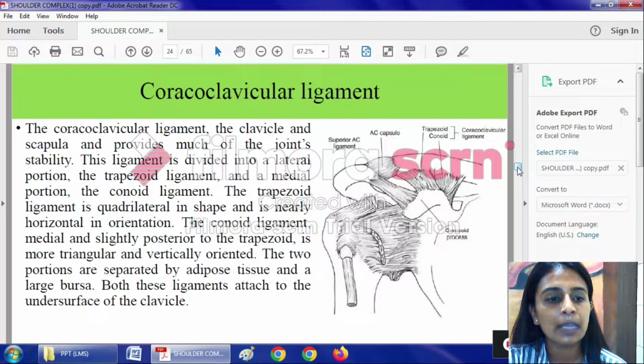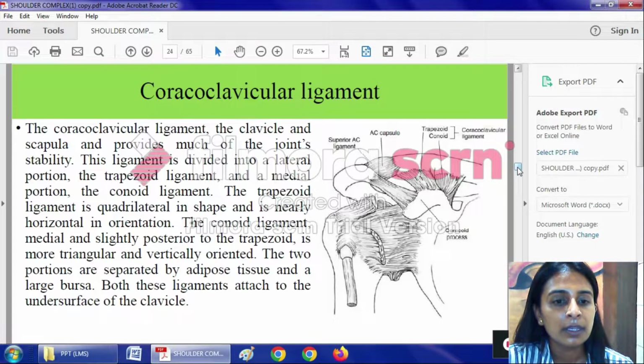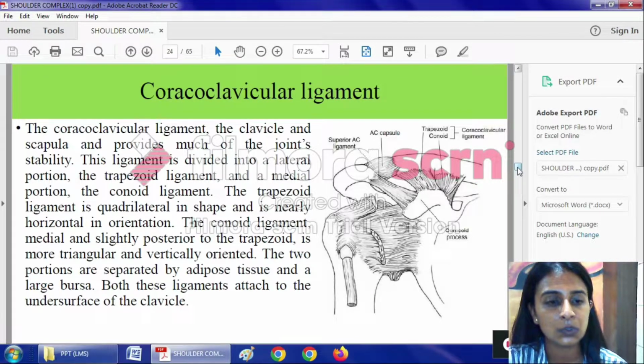The conoid ligament, medial and slightly posterior to the trapezoid, is more triangular and vertically oriented. The two portions are separated by adipose tissue and a large bursa. Both these ligaments attach to the undersurface of the clavicle.